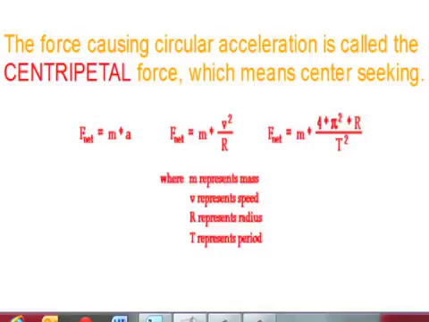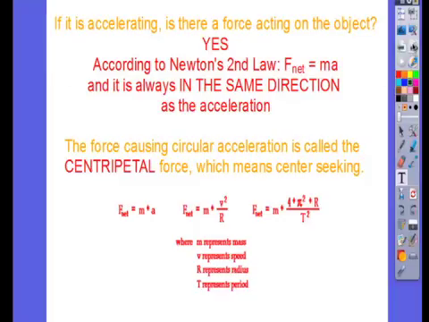So these equations are all identical. Again, they're going to ask for the relationship. F net is directly related to mass and the radius, and I don't talk about the constants because they don't change, and it's inversely related to the period. So it's important not only to be able to identify the equations, but to also be able to interpret them based on how the variables affect each other.